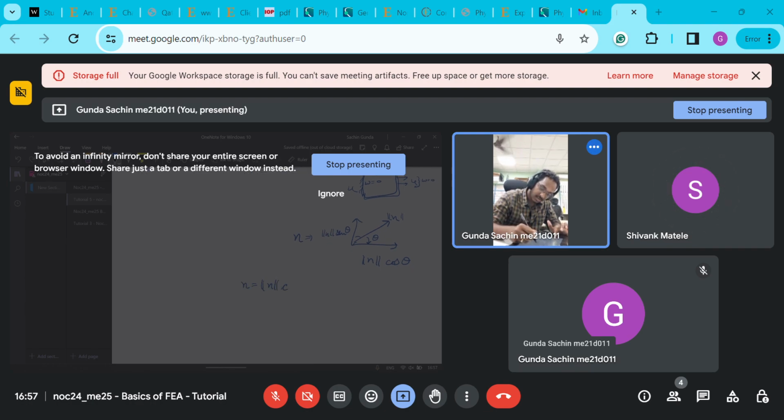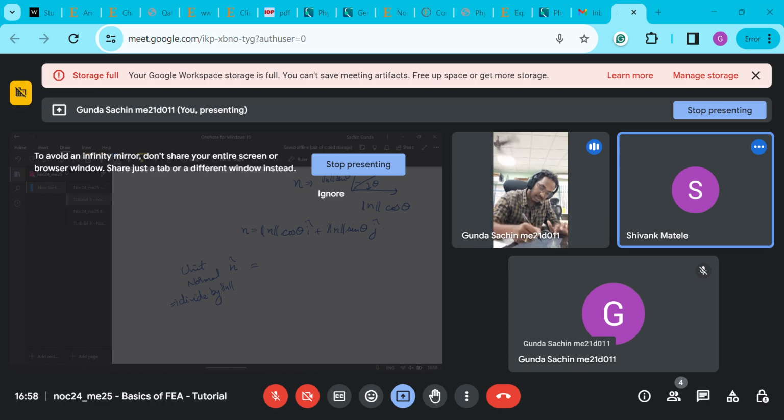And this one would be magnitude times sine theta. So if you want to write n, it would be like magnitude of n cos theta i cap plus magnitude of n sine theta j cap. This is just the vector, but you want to have a unit normal. So if you want to have a unit normal, you need to divide it by the magnitude.